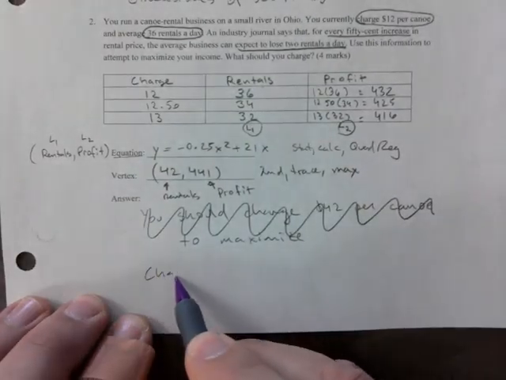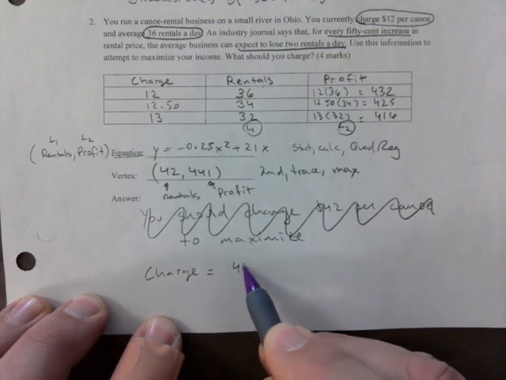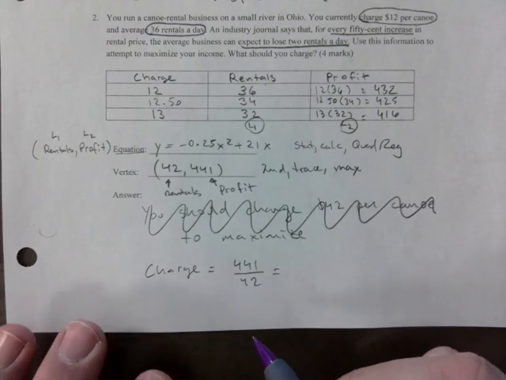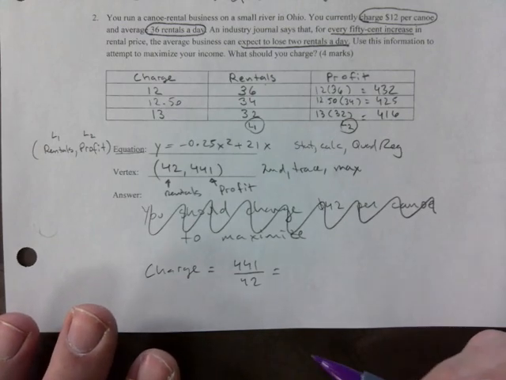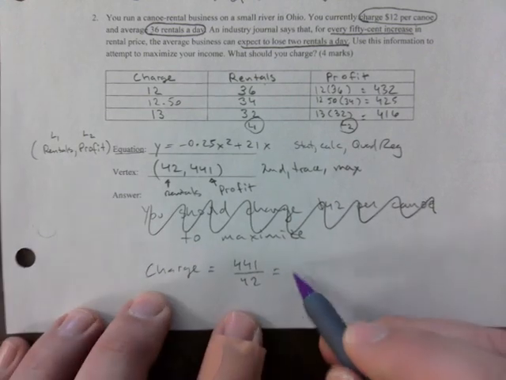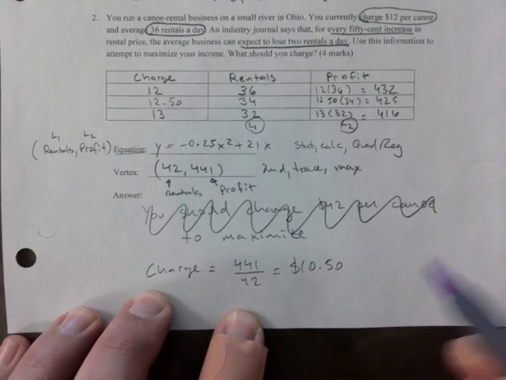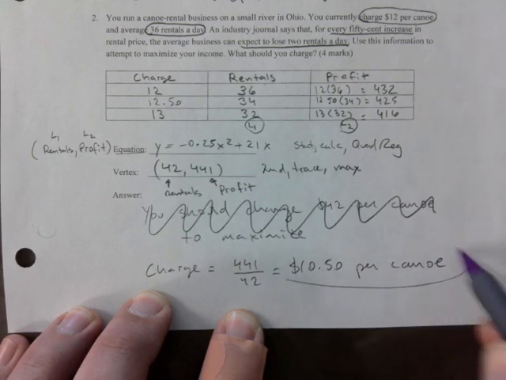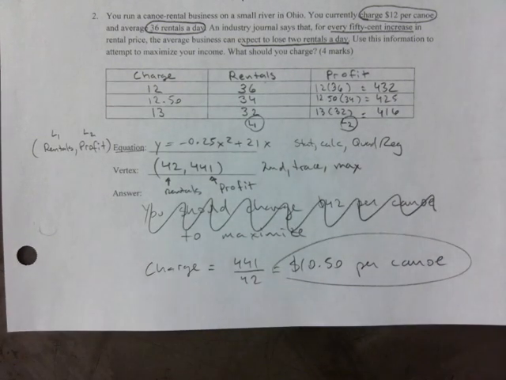So charge is 441 divided by 42, which is 10.50. Right? I'm just gonna double check because my track record isn't very good. There you go. 10.50 per canoe. Good catch. Yeah, 10.50 per canoe would maximize.